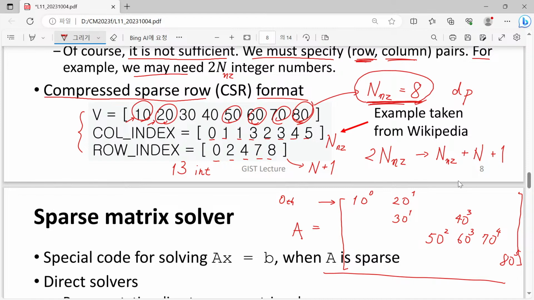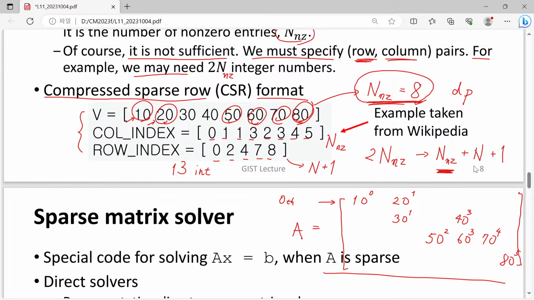For a large matrix, in many cases nnz is much larger than n. Even in our one-dimensional Laplace equation case, nnz is about 3 times larger than n. So the saving is considerable. Reducing from 2 nnz to nnz is quite a lot.